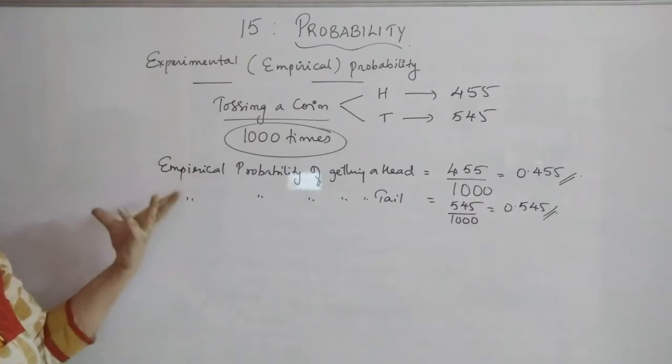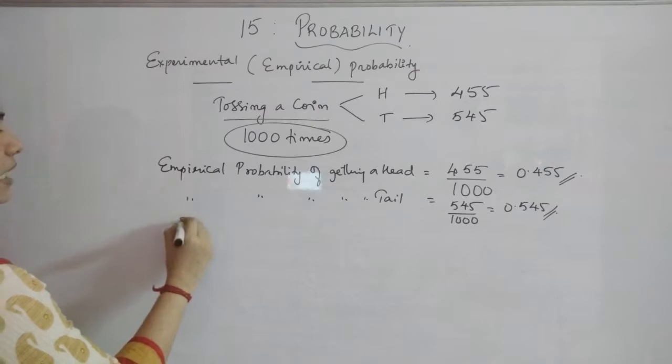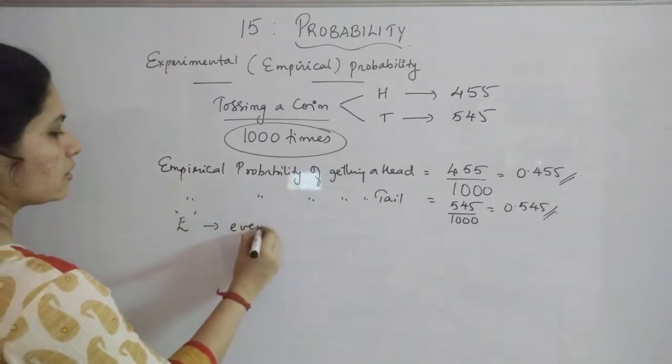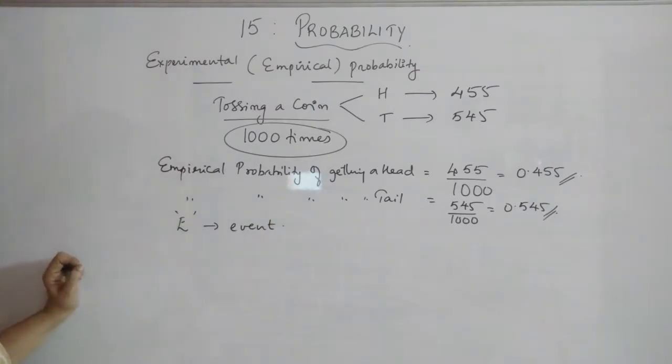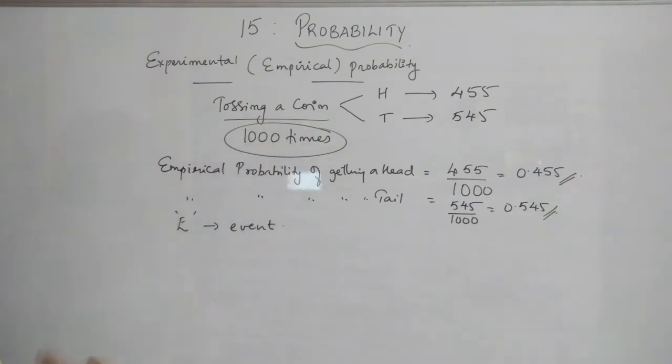This you have already studied in your earlier classes, and this is known as empirical probability. So the definition becomes: let E be an event for the experiment, that is, the event can be either getting a head or getting a tail if I am taking coin tossing.